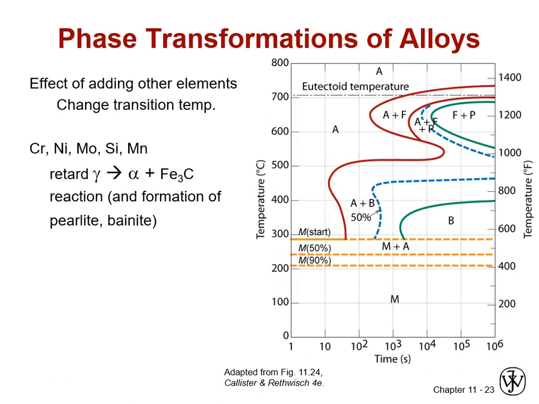Okay, talked about moving that nose over. This is an example of a highly hardenable steel. It's probably 4130 or 4340. And you can see how all of those onset regions for forming alpha ferrite and pearlite and bainite have now been shifted quite a bit over to the right. And in fact, the first one to form now takes 10 seconds.